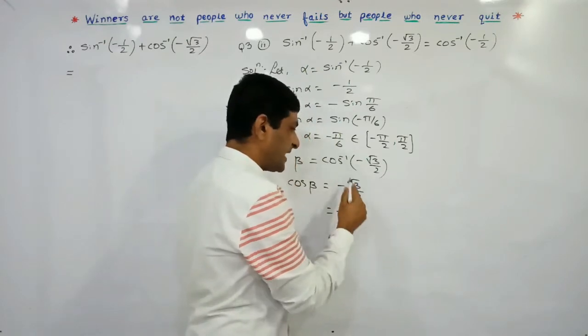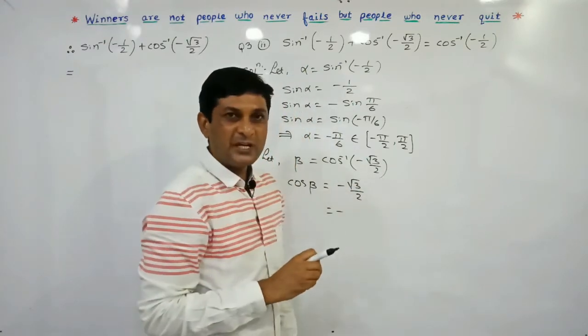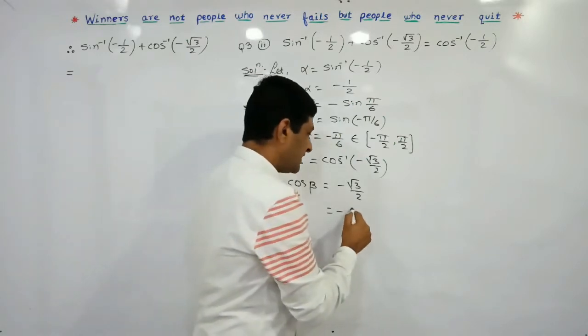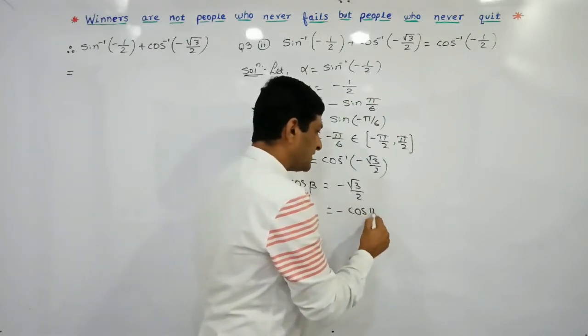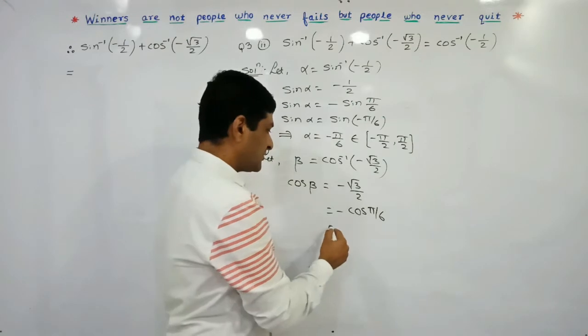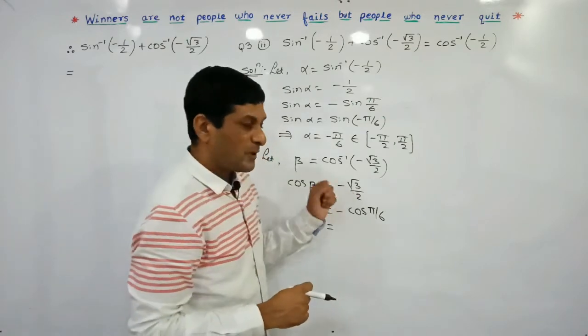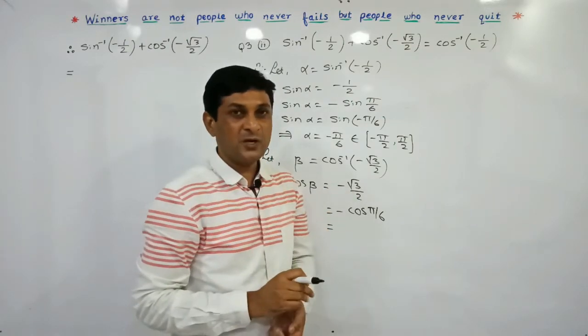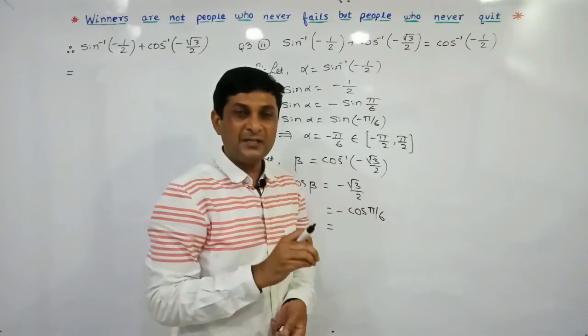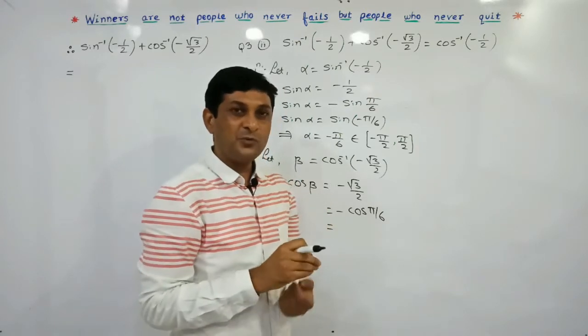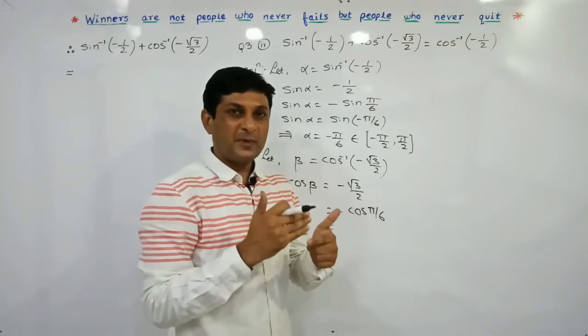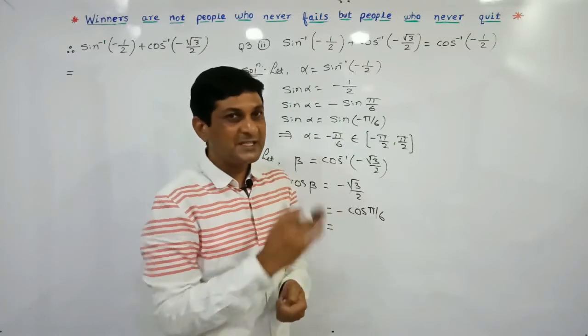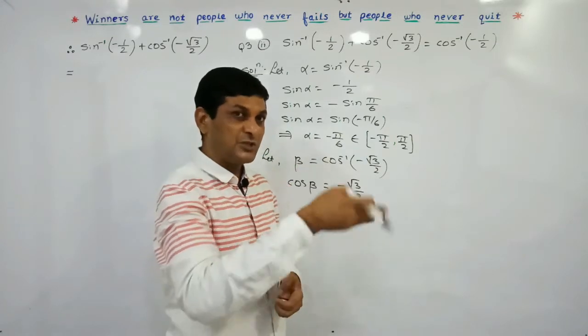So minus, keep it as it is. Root 3 by 2 is nothing but the value of cos 30, meaning cos pi by 6. But the value of cos is negative, so definitely it does not lie in the first quadrant, and we know that the range of cos inverse is the first and second quadrant, meaning 0 to pi.